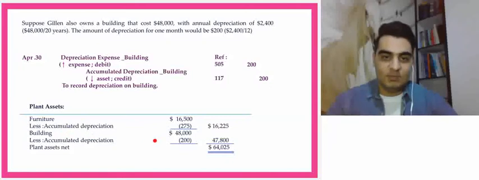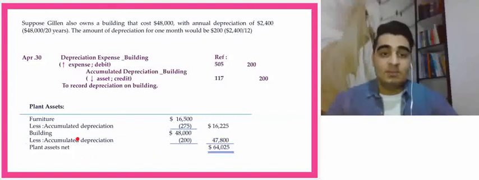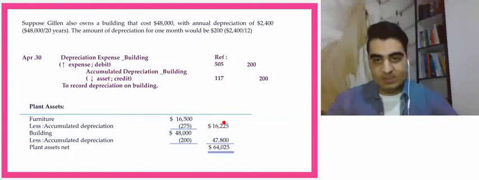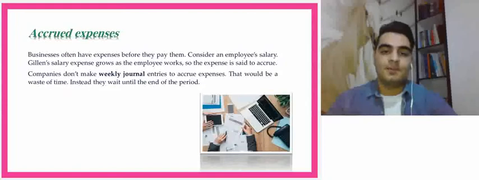And as for building, which was 48 grand, we subtract the accumulated depreciation, so the remaining amount, which is the book value, is $47,800. So the plant asset net is the sum of these two, which is $64,025.